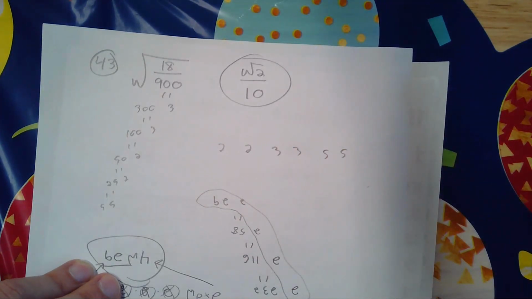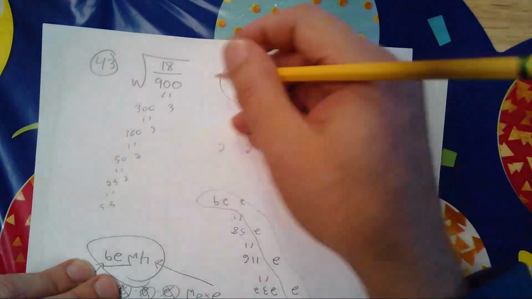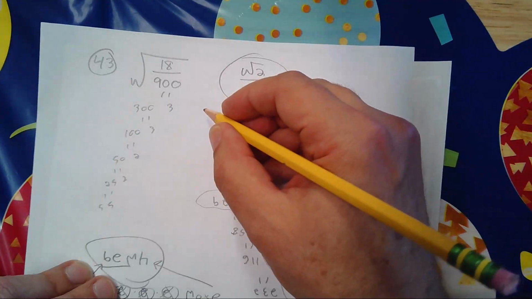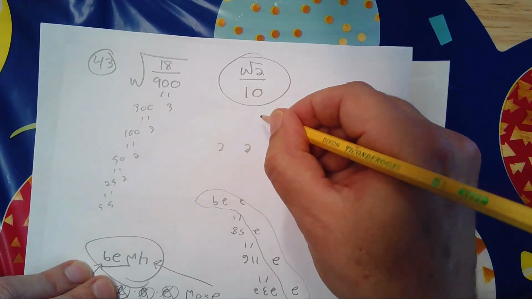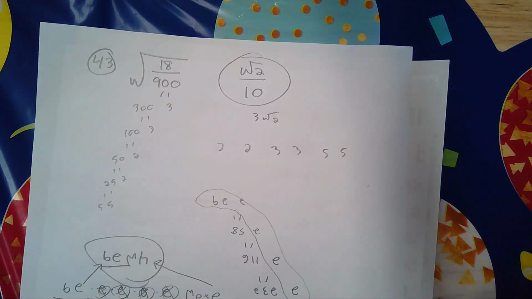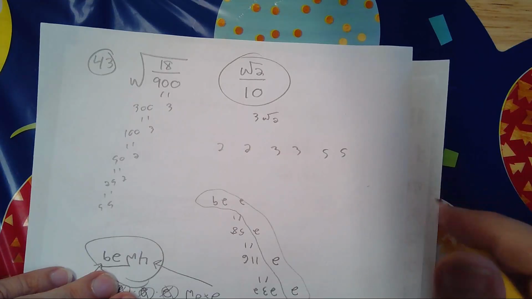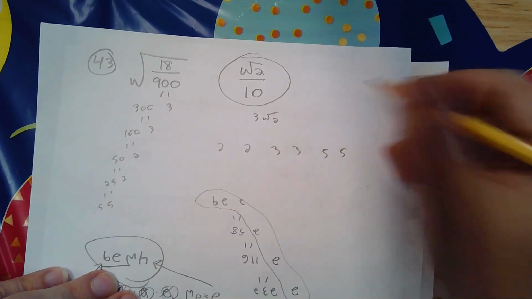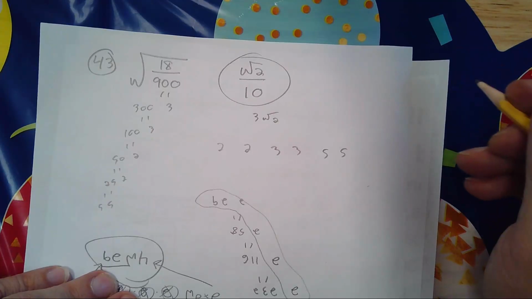Originally I had 9 and 9, and then on top I had 3, 3, and 2. So I had 9 root 2 over 30, and then I simplified it to 3 root 2 over 10. 3 root 2. 9 times 2. So then what did we have here?